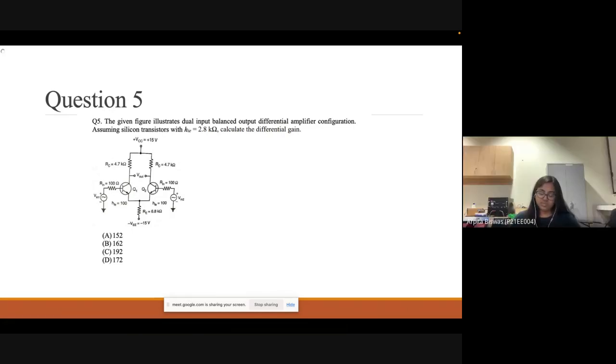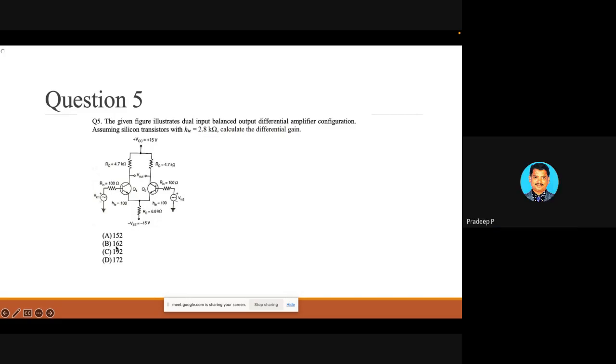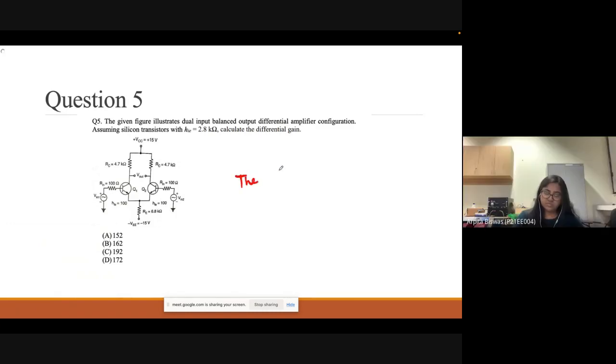Just put in the differential gain formula. Just remember the key. Tell me what is the formula to calculate the differential gain, AD. Just remember the formula.